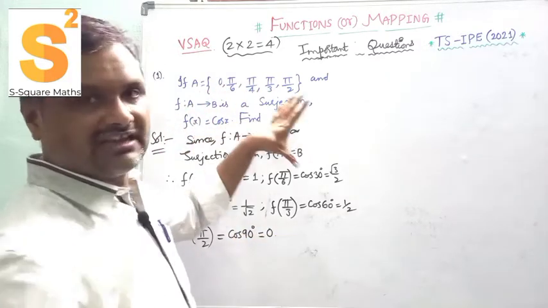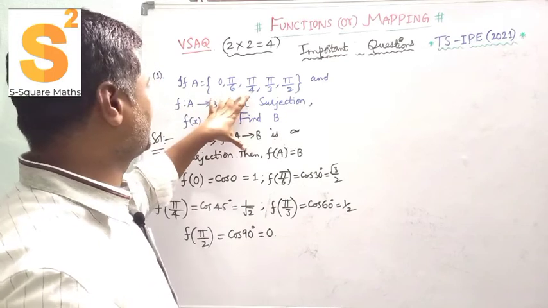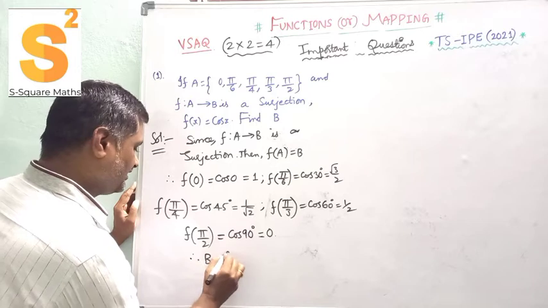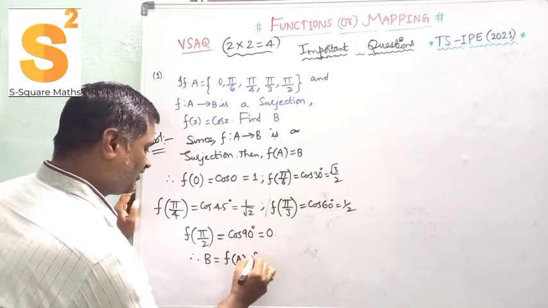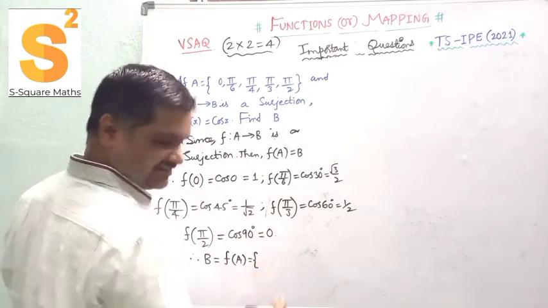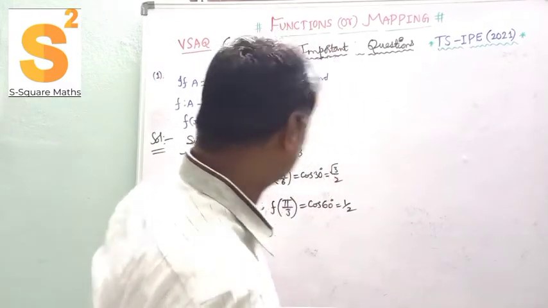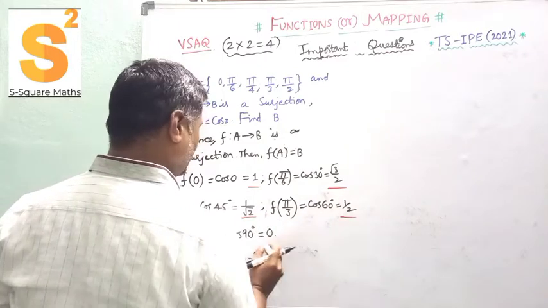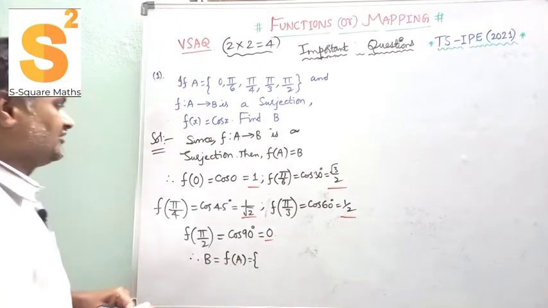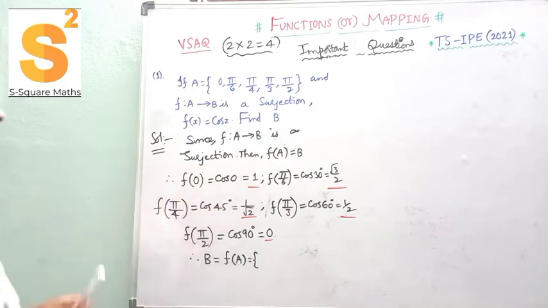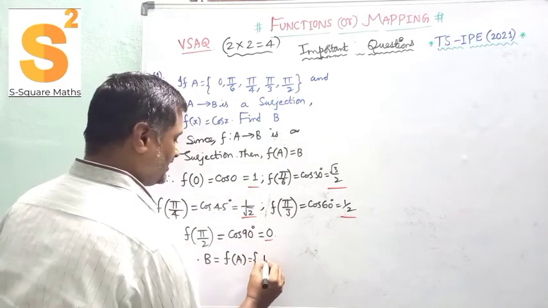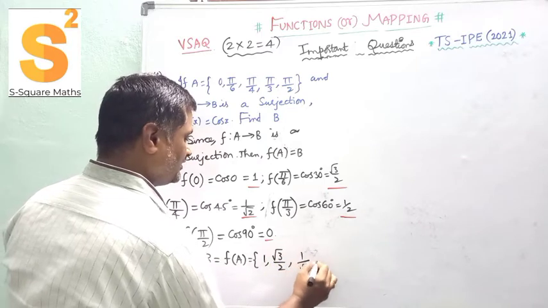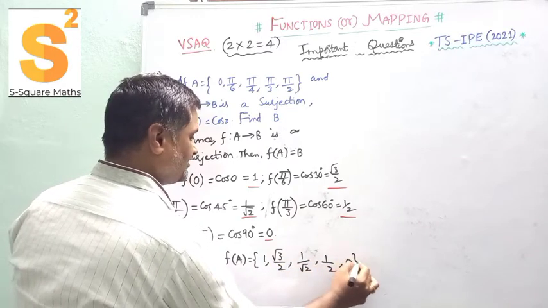So all the values of the given real numbers in radians are completed. Hence B, which is f of A, is all these values: 1, root 3 by 2, 1 by root 2, 1 by 2 and finally 0. You should be able to know these values.